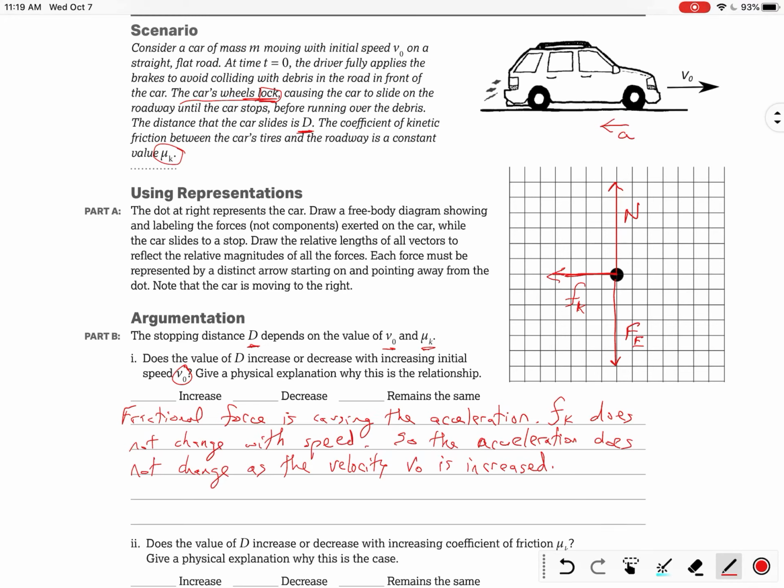So now I've claimed that the acceleration is the same regardless of the initial velocity. So I feel like at this point I can jump to my conclusion.